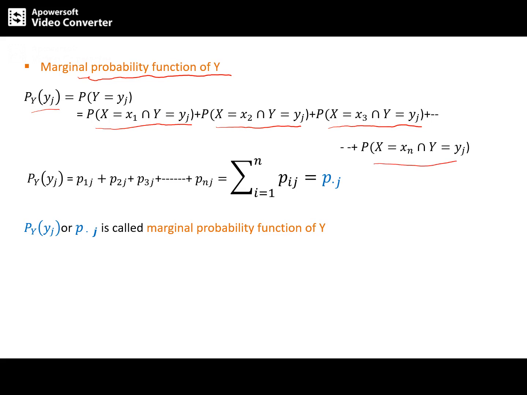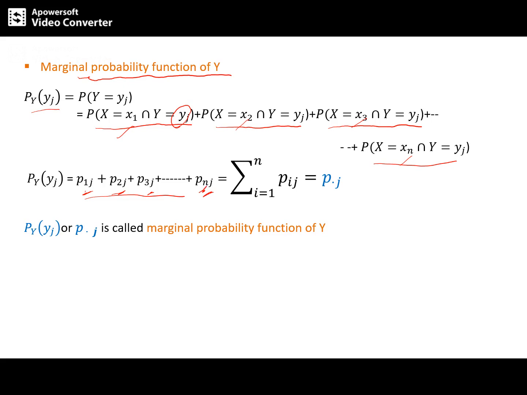Here we fix yj and vary the xi's: x1, x2, x3 and so on up to xn. It is also denoted as p1j, p2j, p3j and so on up to pnj. Here x varies from 1 to n.